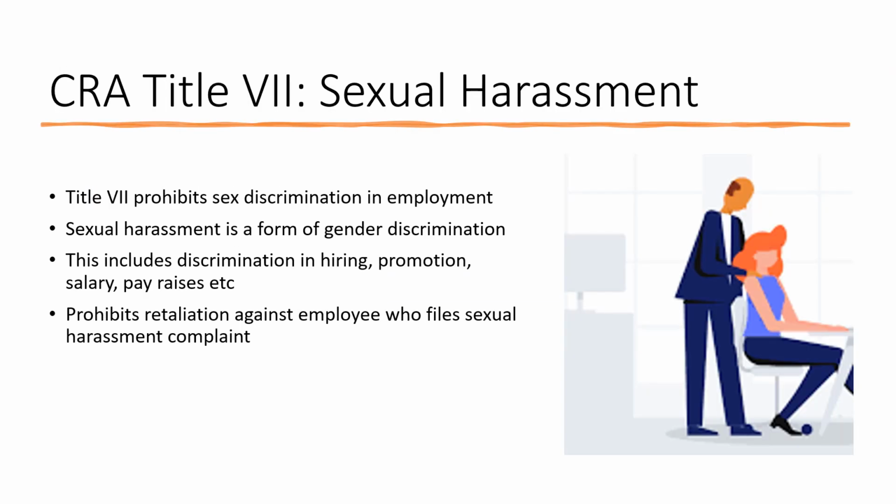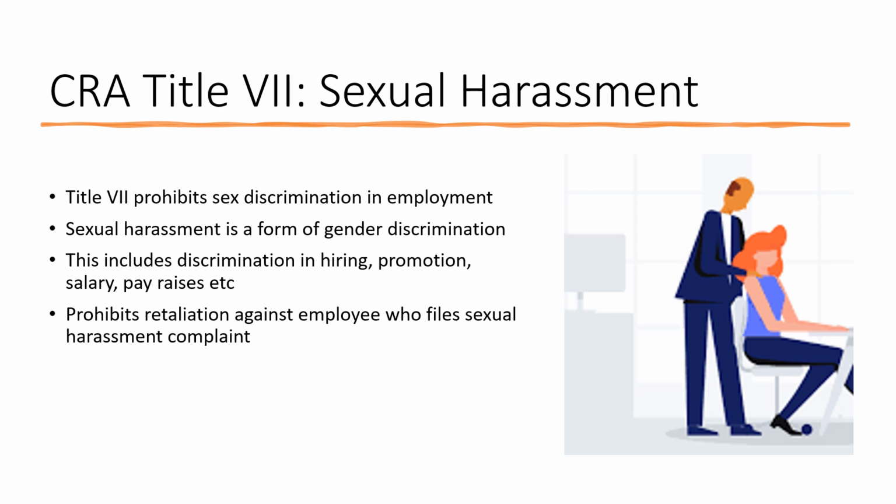Title VII of the Civil Rights Act also prohibits sex discrimination in employment. Sexual harassment is considered a form of gender discrimination. So this includes discrimination in hiring, promotion, salary, and pay raises. Title VII also prohibits retaliation against an employee who files a sexual harassment complaint.